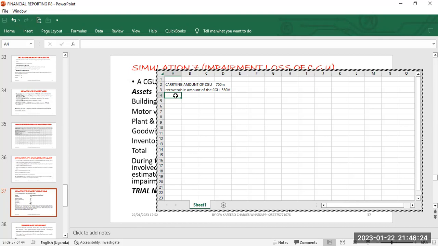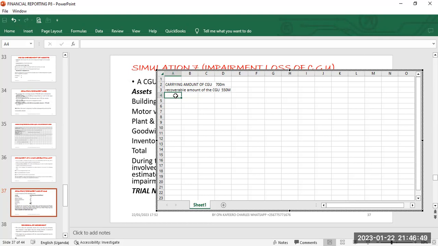But here, our challenge is we can't determine the value in use because we can't clearly estimate the individual cash flows. That's why here they will always give you the recoverable amount, but the main emphasis is to show how you can allocate.